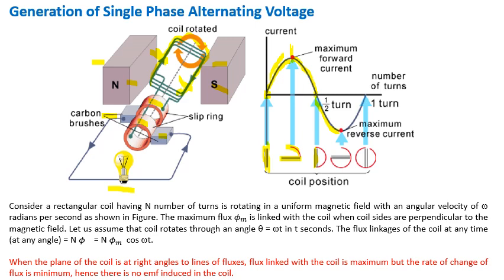When the coil rotates and comes to this position, the EMF induced in the negative side is maximum. When it is again rotating and the coil completes 360 degrees of rotation, the EMF induced starts reducing, and when it completes 360 degrees, the EMF induced becomes equal to 0.